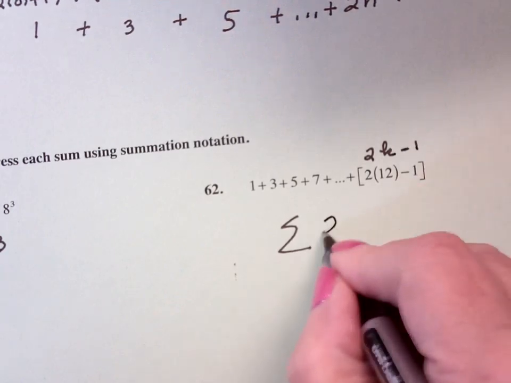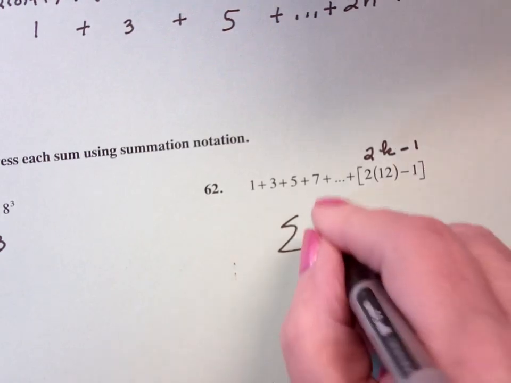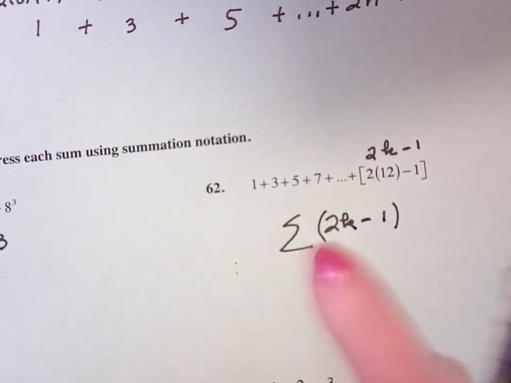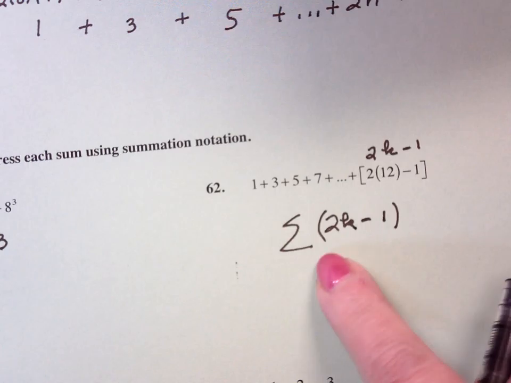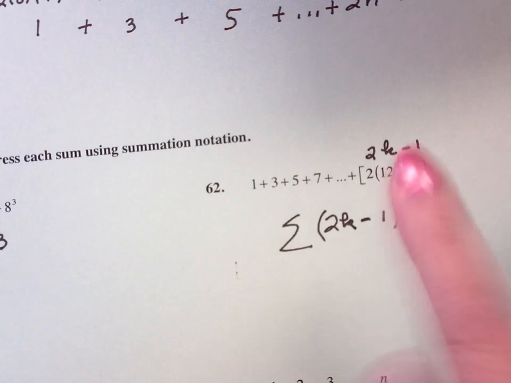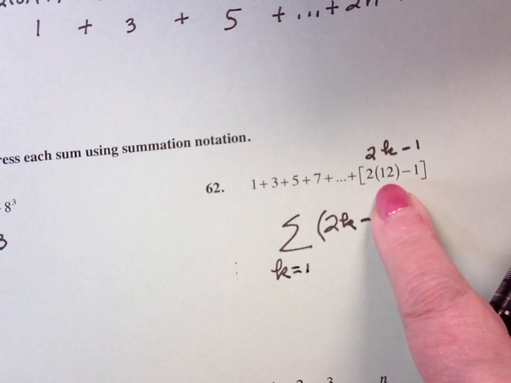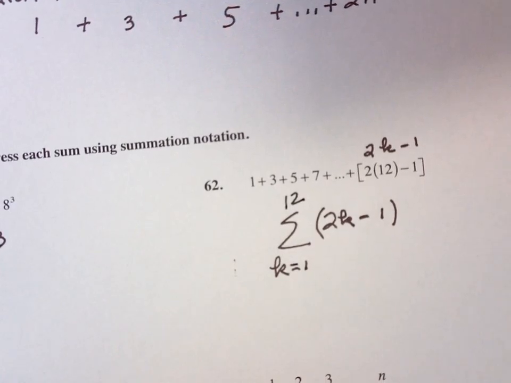So this would be 2k minus 1 and now the question is, where does k start? I need to have a 1 in this position, so if k is 1, I'd have 2 times 1 minus 1, and 2 times 1 minus 1 is 1, so k is going to start at 1. And then it tells me where it ends. Where is it going to end? 12. That's what I mean. These guys aren't bad. The other ones can get icky, but these aren't bad.